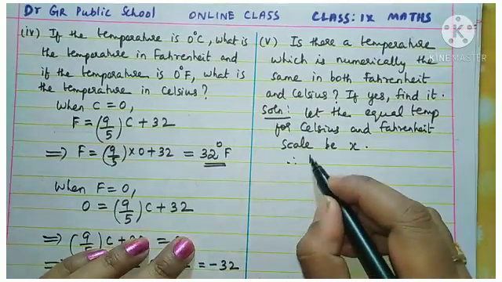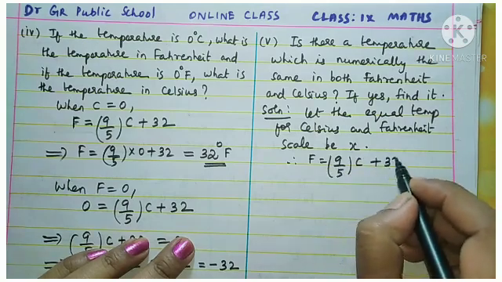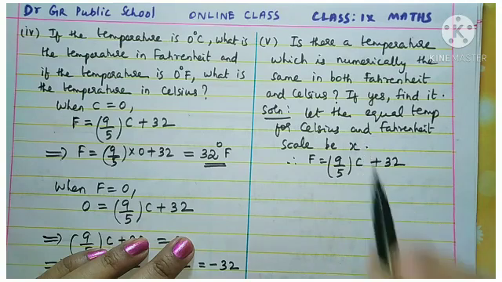So F equal to 9 by 5 into C plus 32. In this equation, for F and C I am going to substitute X.